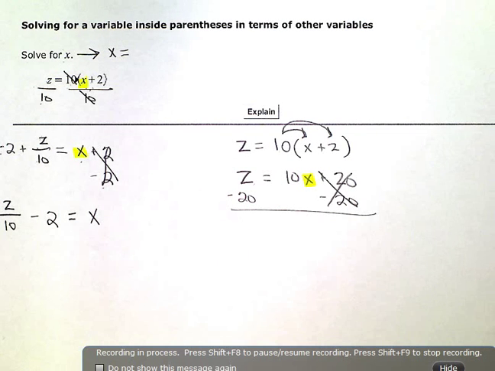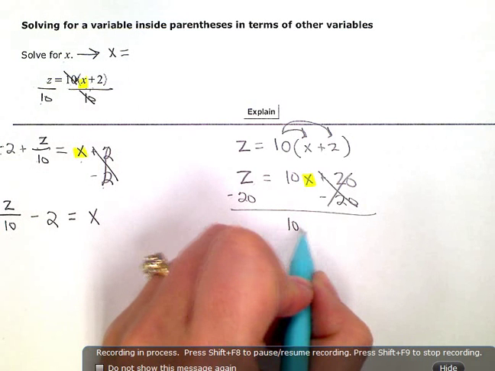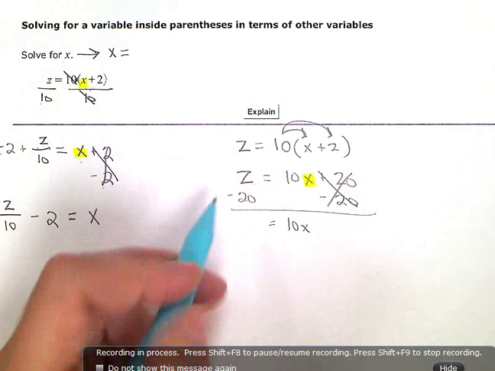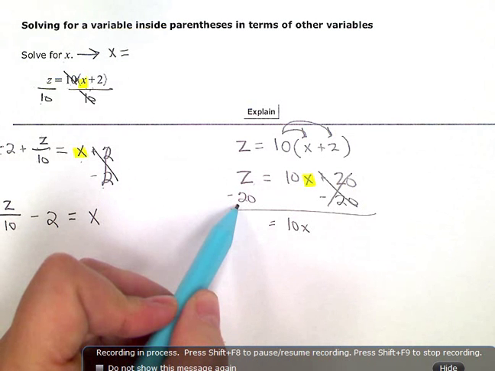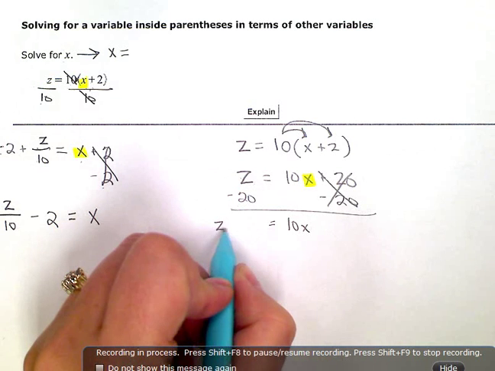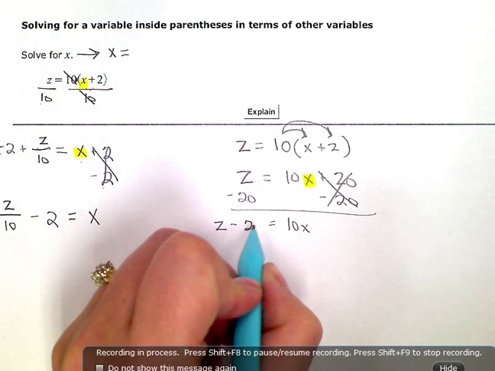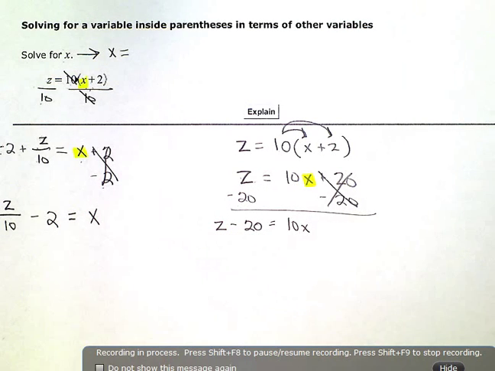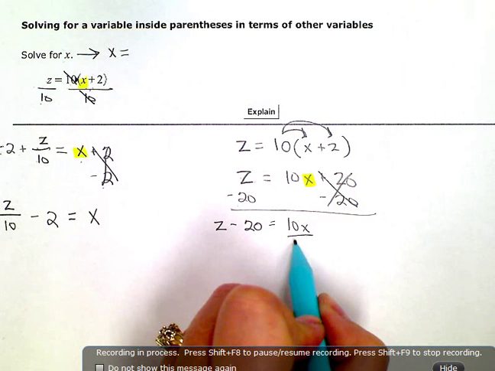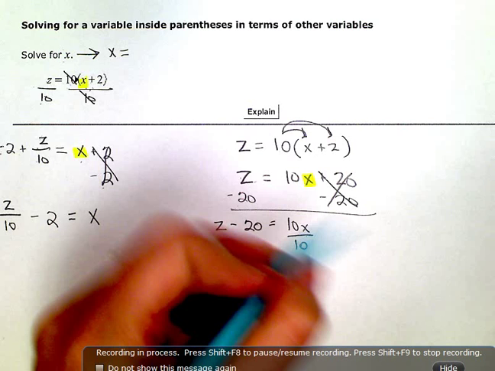And I have 10x on the right. These are not like terms. This is a constant term, no variables, and that one is a z. So I can't combine them. I have to just leave them as is, two different terms, z minus 20. And then to get my x by itself, I'm going to divide by 10.